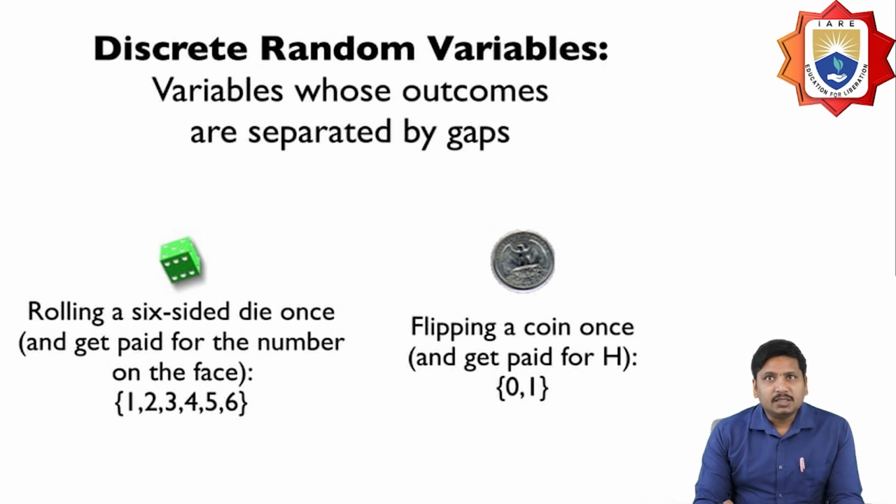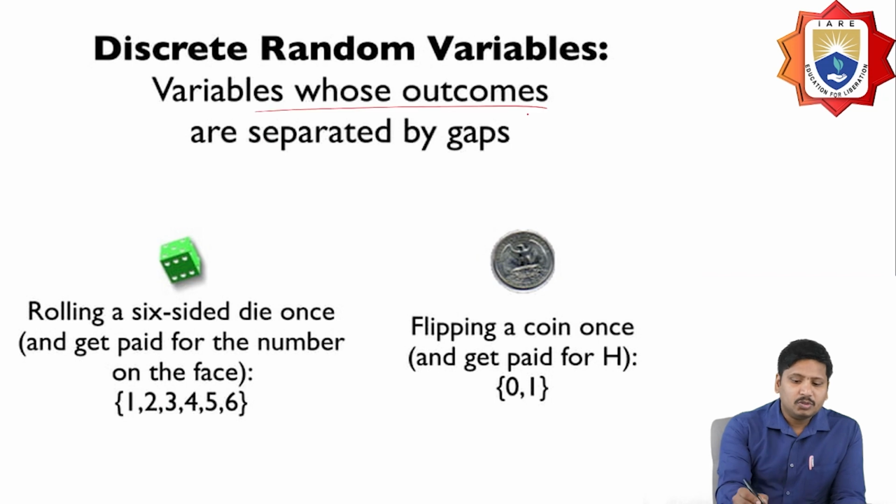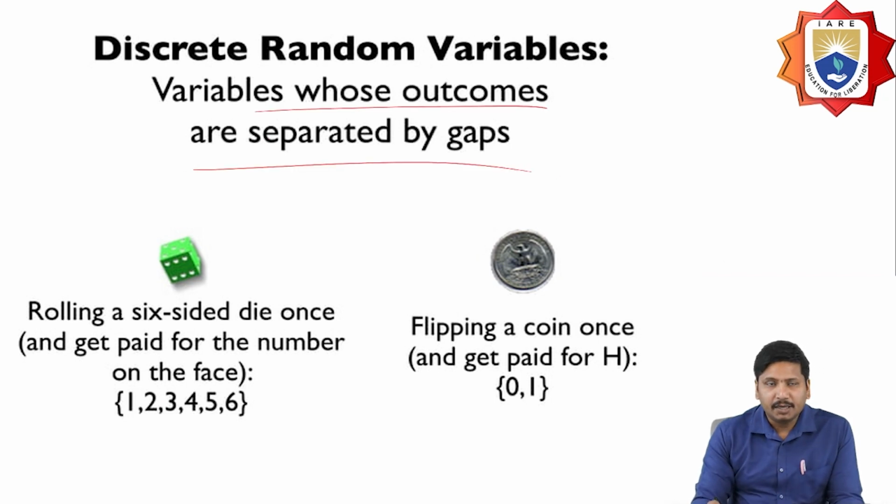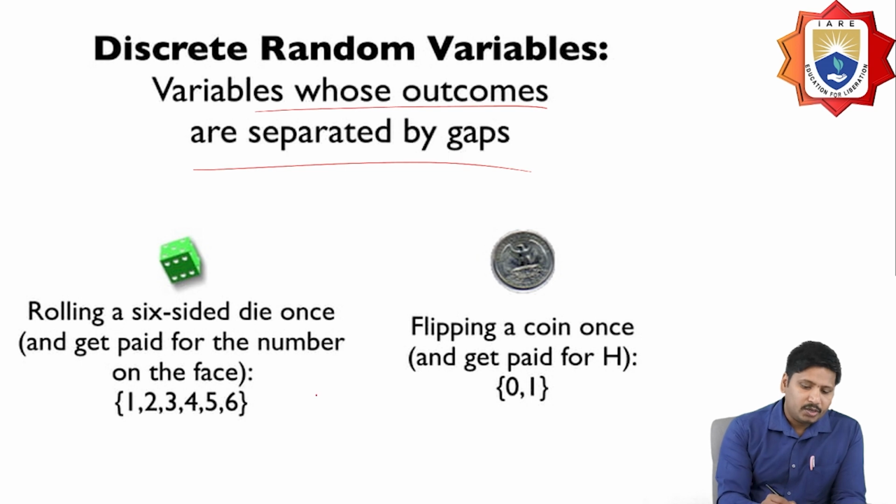So what is a discrete random variable? Discrete random variables are variables whose outcomes are separated by gaps. For example, if I roll a six-sided dice, what are the outcomes I'm going to get? I'm going to get 1, 2, 3, 4, 5, 6.